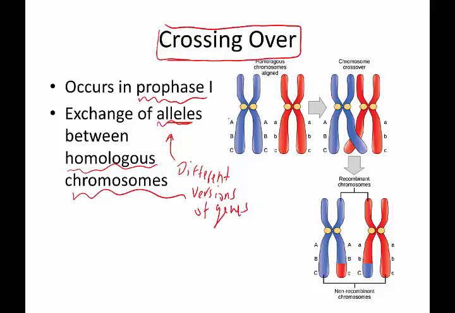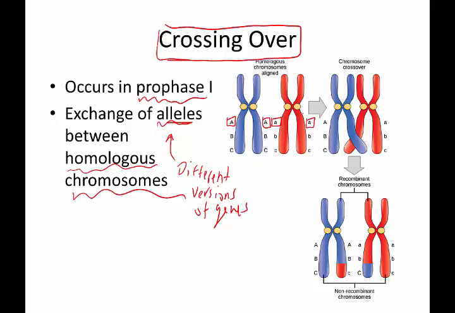So here we have the capital A version of a gene, and here we have the lowercase a version of a gene. So here you have a different version of gene A from your dad than you have from your mother. Also notice that we have 2 copies of each of these alleles.